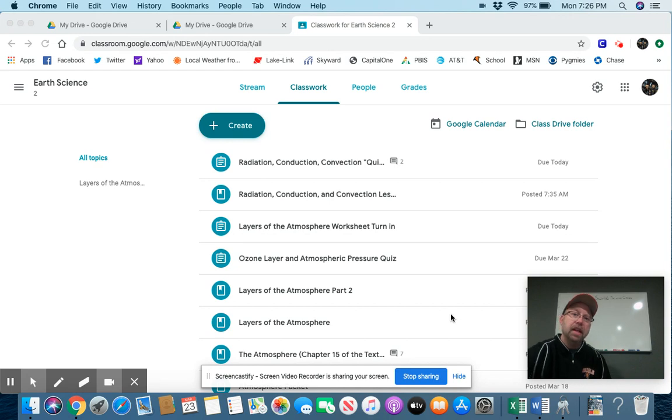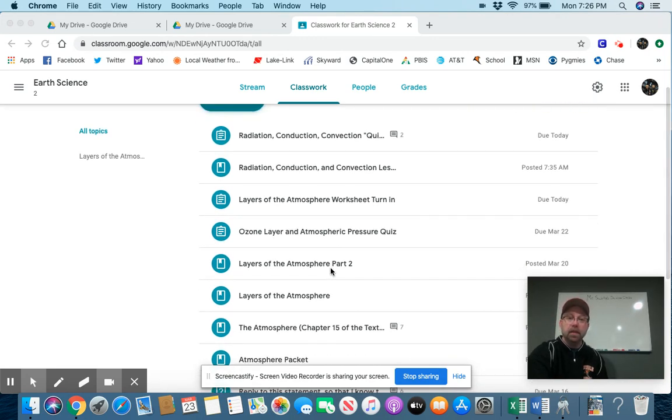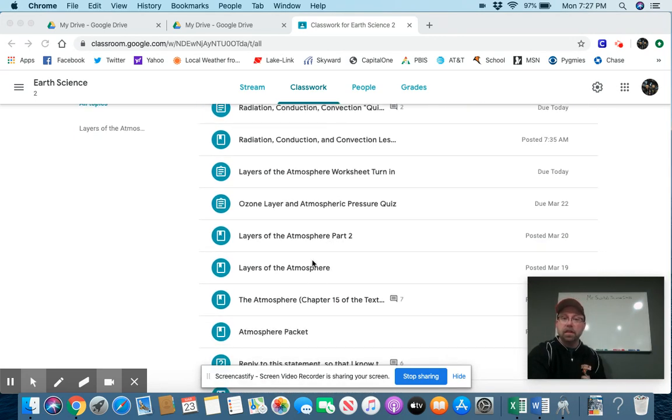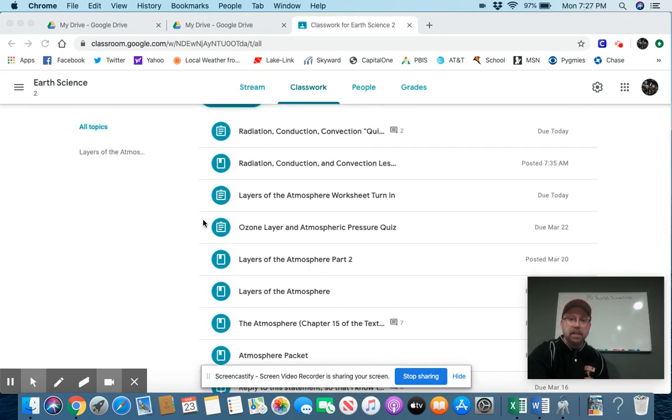So, today I want to start by talking about what should be already completed. You can see on my screen here that there are really four things that should have been done or turned in to me. I want you to look at these icons, like right here. This icon looks like a clipboard.